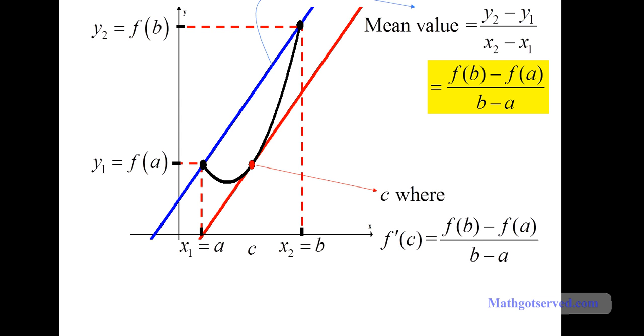You can't use algebra for that. So this c is basically telling us that at this point c, the slope of the tangent line at c, which is the same thing as the derivative at c, is equal to the slope of the secant line. This is the conclusion of the mean value theorem.